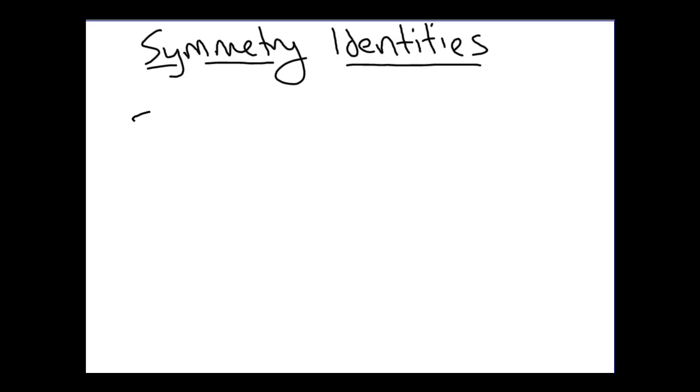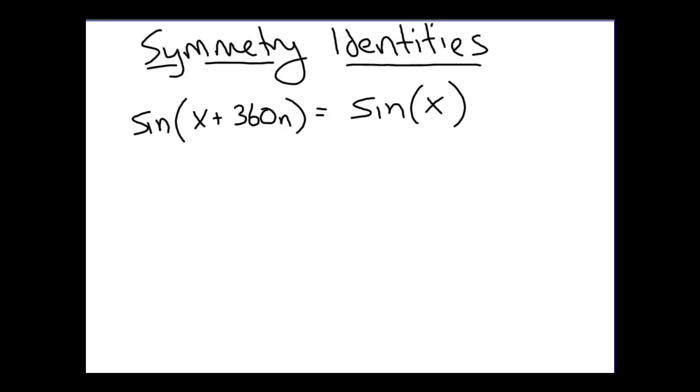So for example, the sine of x plus 360n will always equal the sine of x. What this is simply saying is if we add n periods, 360 degrees, recall, is our period in degrees, we're still going to be right back where we started.